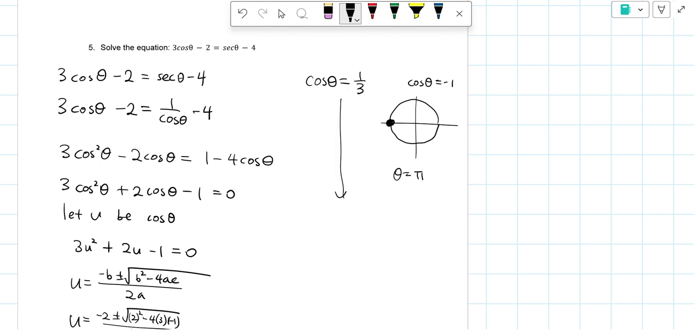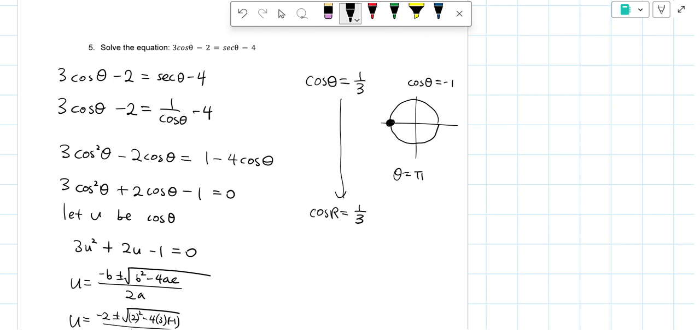Now let's solve cosine theta is equal to 1 over 3. Well, I wish I could solve this equation algebraically, but at the current moment, I have no method of solving this equation without using the calculator because 1 over 3 does not represent any special triangles. So I'm going to use a calculator. Be careful with the calculator, especially with degree and radian mode.